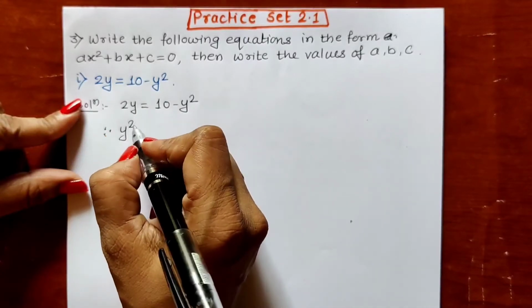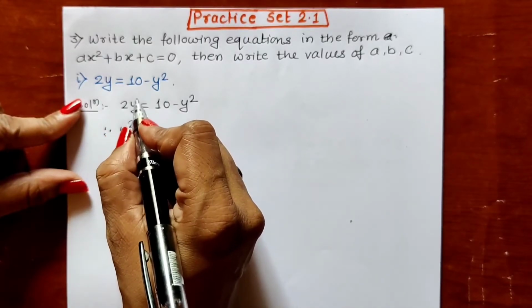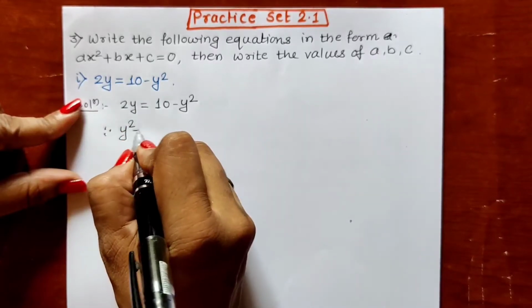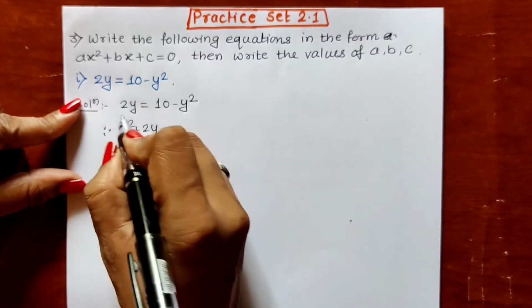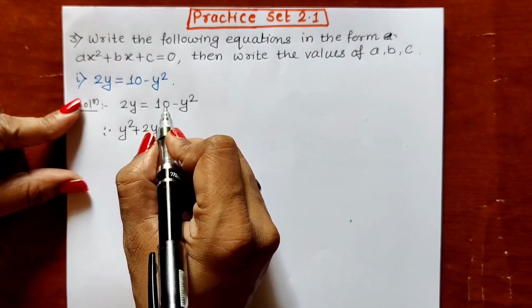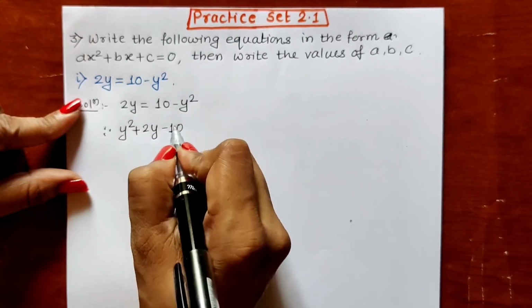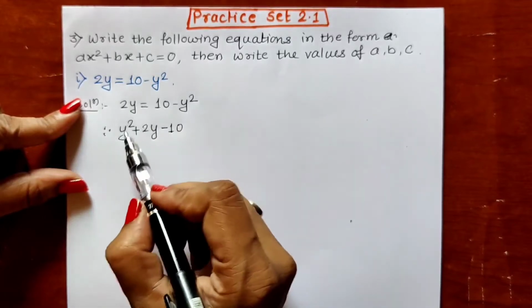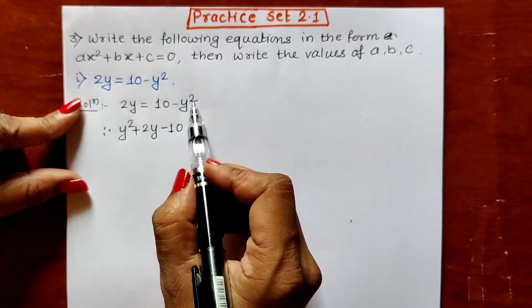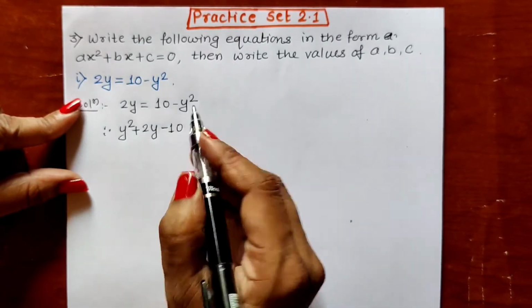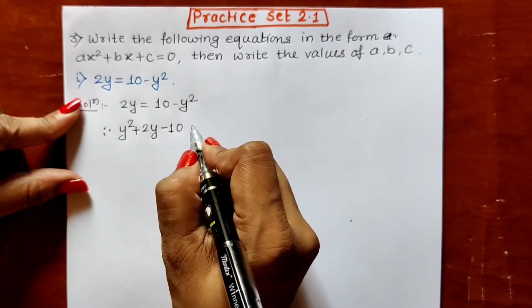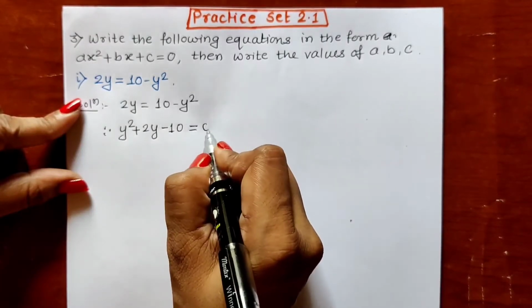Then after y square, index 1 term should be there, so plus 2y is there. Then bring this plus 10 on the left hand side, it becomes minus 10. Nothing is left on the right hand side, so it is equal to 0.